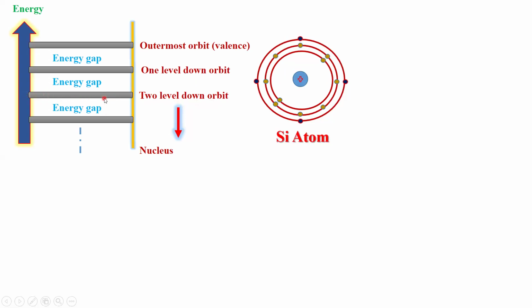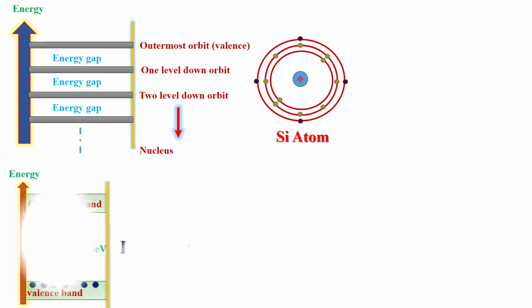And in between these energy states, 1, 2, 3, 4, which are shown by the gray color, you do not carry any energy state or energy level. That empty space is called the energy gap. The energy levels or energy states of the electrons closer to the nucleus are said to be at a lower energy state.